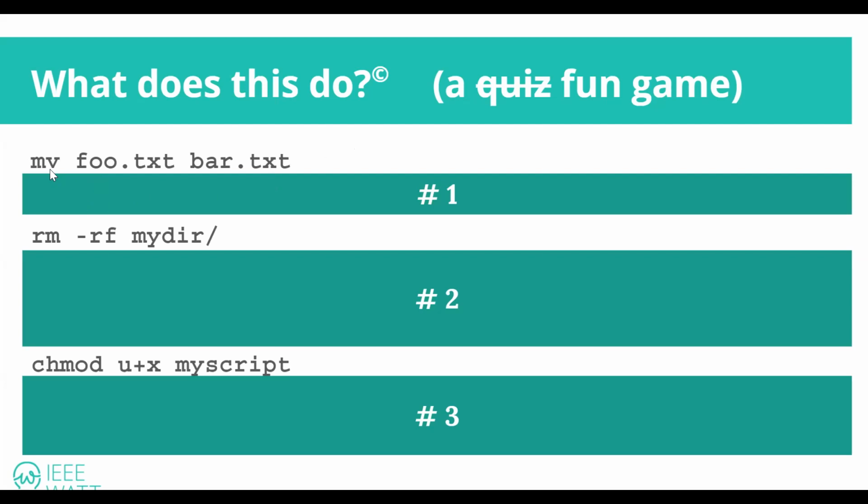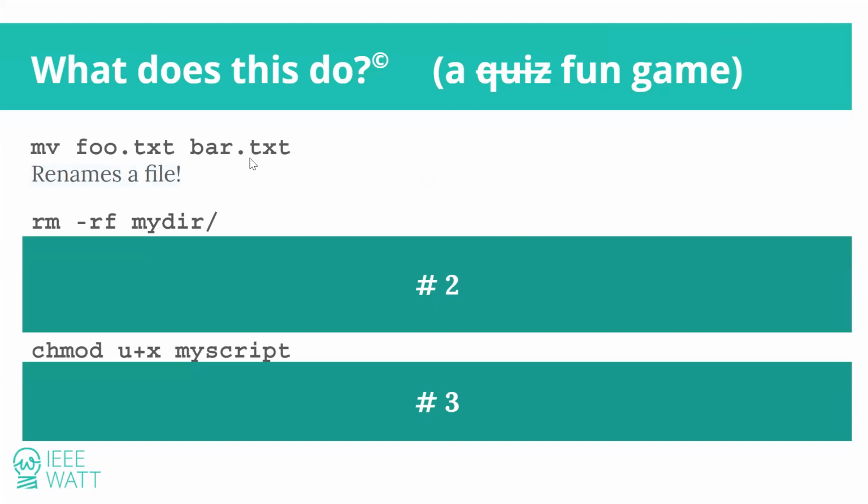So if you're trying to move foo.txt and bar.txt, the .txt makes it clear that these are probably not directories, these are both files. And what actually happens is that you'd be renaming foo.txt to bar.txt, which is how you rename files on the command line.